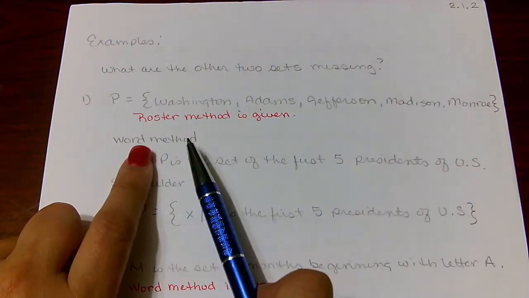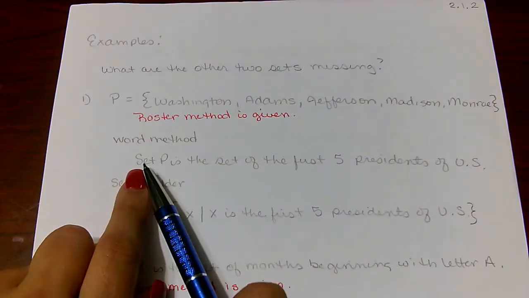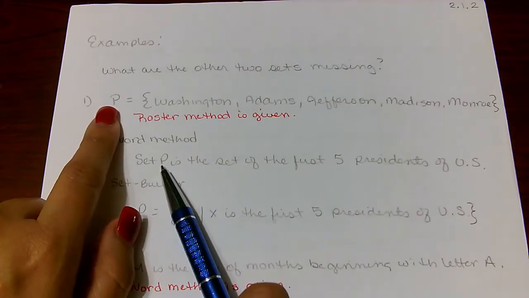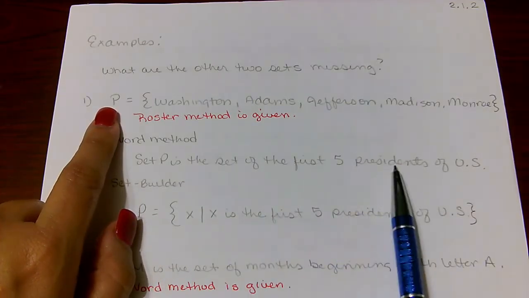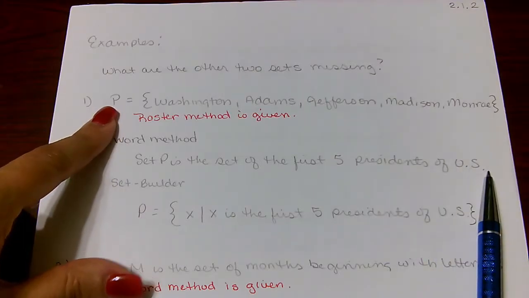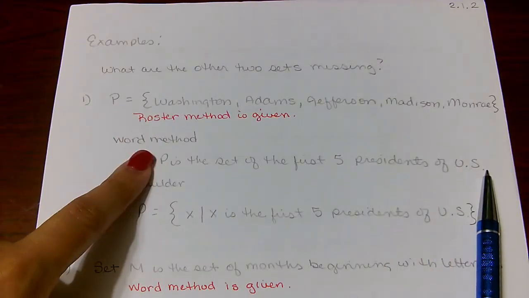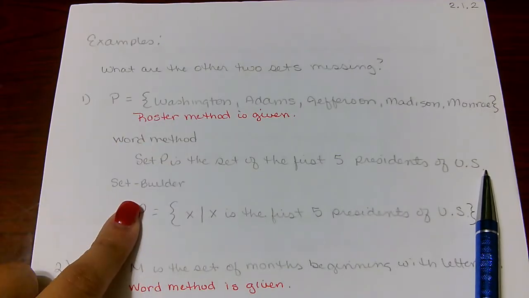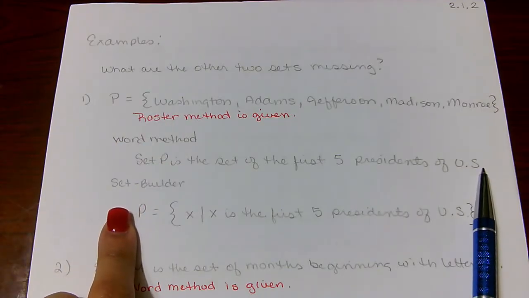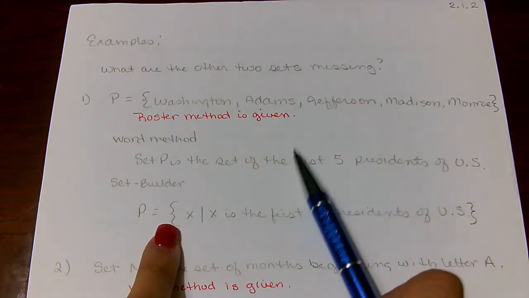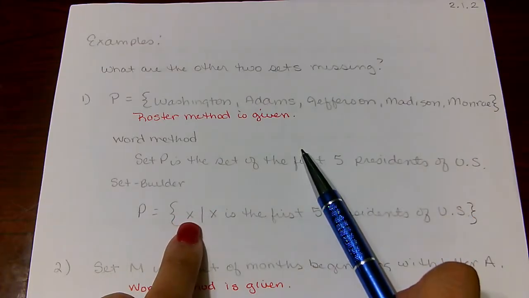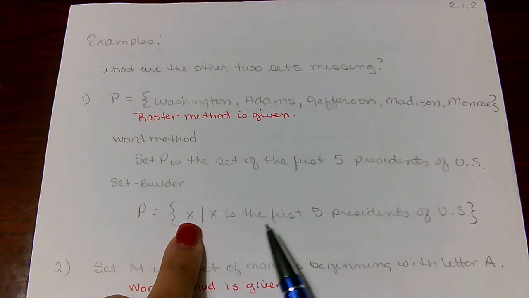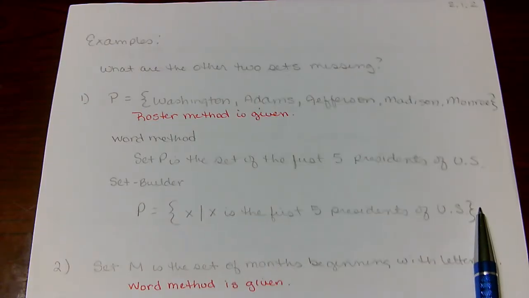So the word method would be: set P is the set of the first 5 presidents of the United States. Now the last one is set builder notation, a combination of both: set P is equal to the element X, where X is one of the first 5 presidents of the United States.